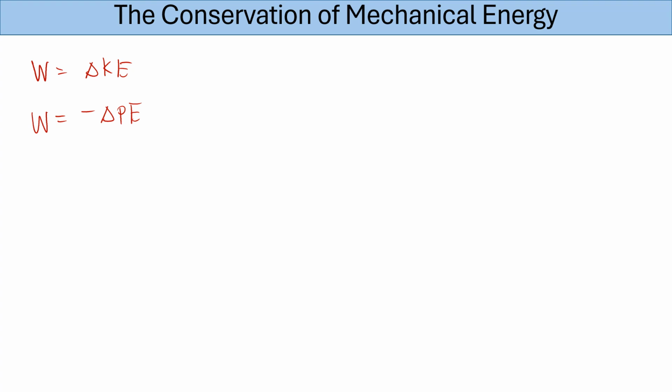If we write the equation for this, work is equal to change in kinetic energy, which is also equal to negative change in potential energy. From this, we can conclude that the change in kinetic energy is equal to negative change in potential energy.